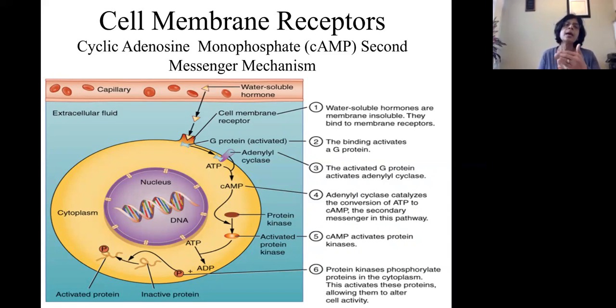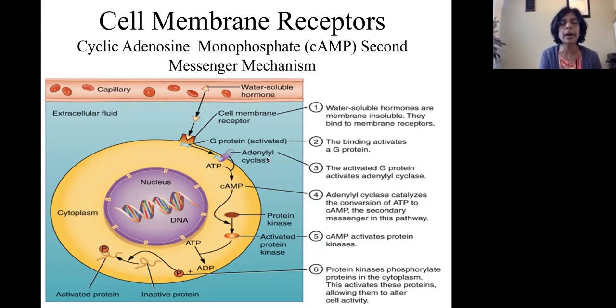We already know why, because the hormone is too big to make its way into the cell, because the cell membrane is all lipid-based, and the water-soluble hormone is typically an amino acid or a peptide, polypeptide, protein type of hormone. Having understood that, let's look at what's going on here.